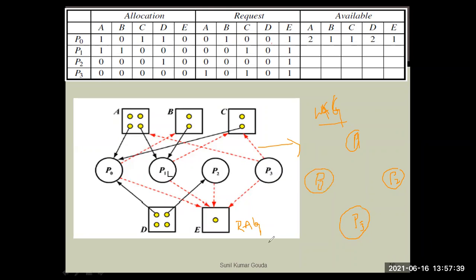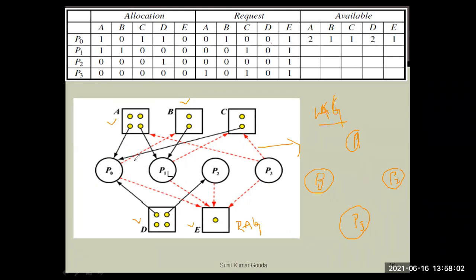Now you can see, what requests are required for P0? P0 requires A, and it is requesting B, and it is requesting E. So A is already available, B is already available.